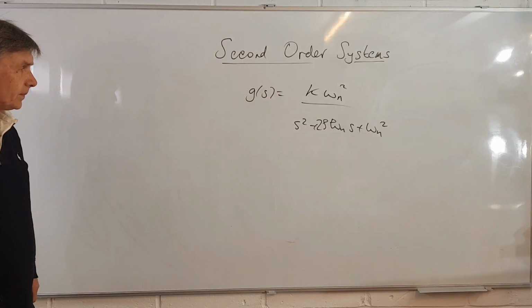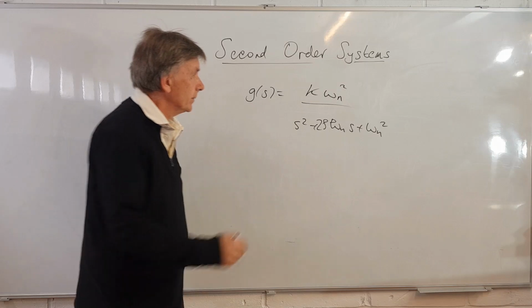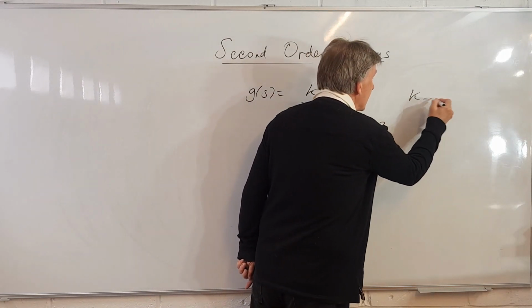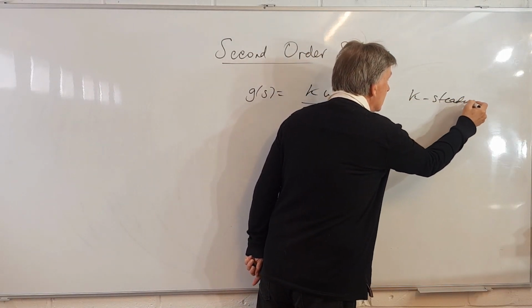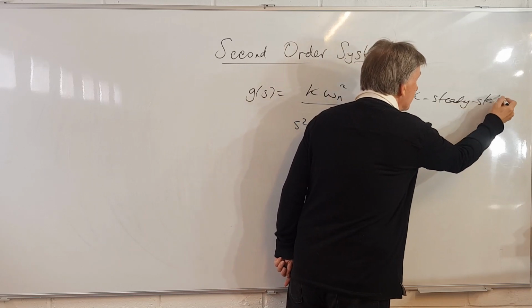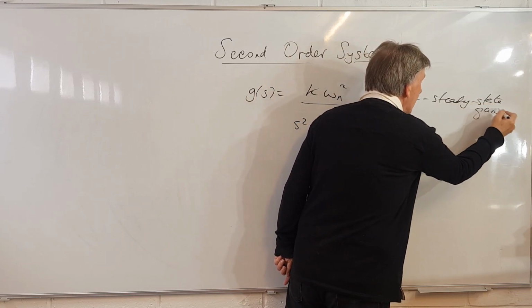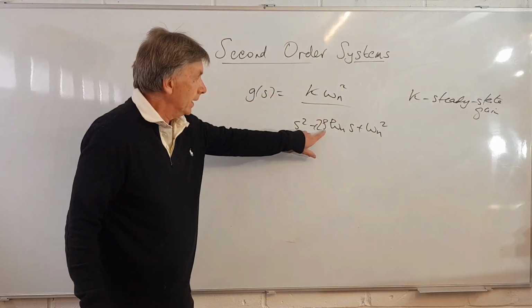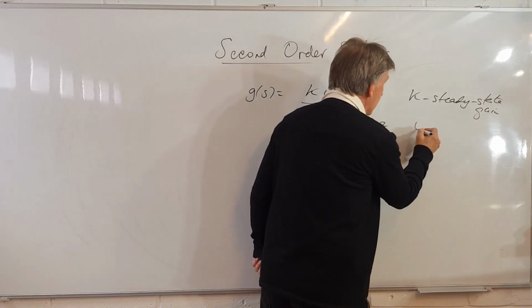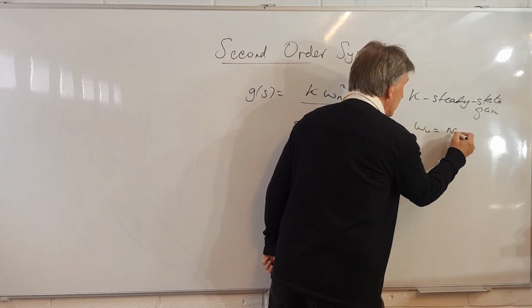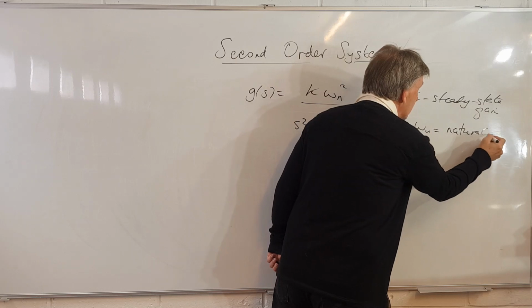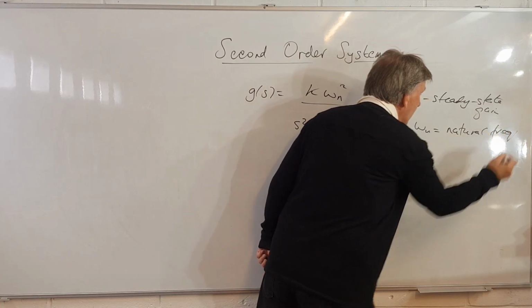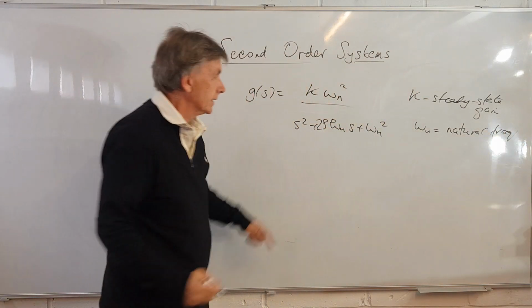And in this transfer function, K would be the steady state gain. More importantly, omega n is the natural frequency, and zeta is the damping ratio.